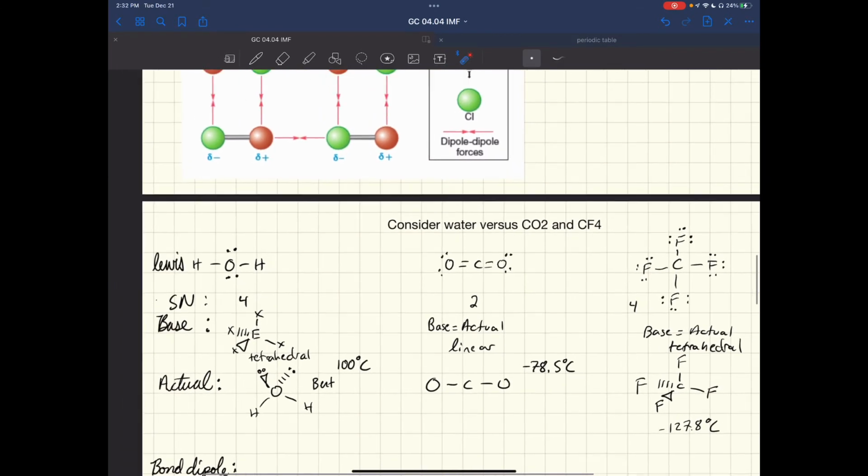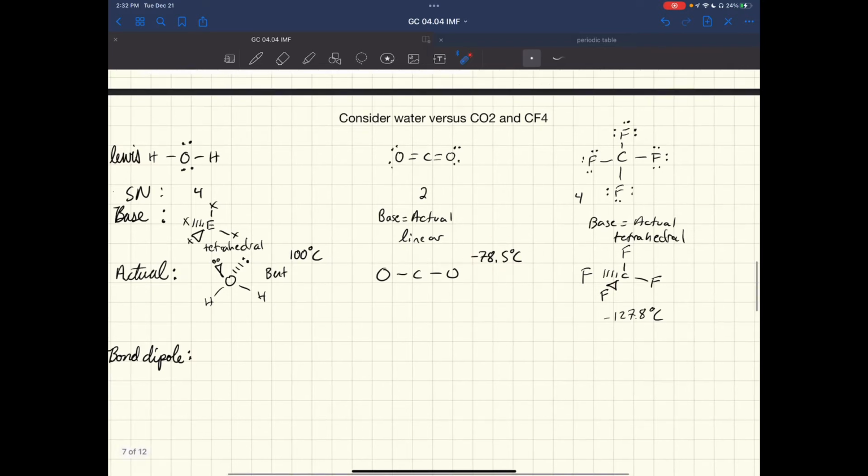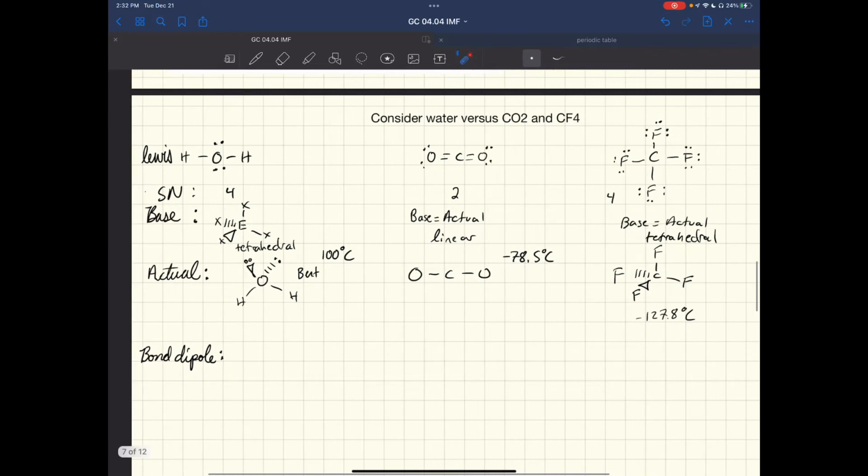Okay, so let's consider water versus CO2 versus CF4. And I have the boiling points written down here already. 100 degrees Celsius for water, negative 78.5 degrees Celsius, and negative 127.8 degrees Celsius.